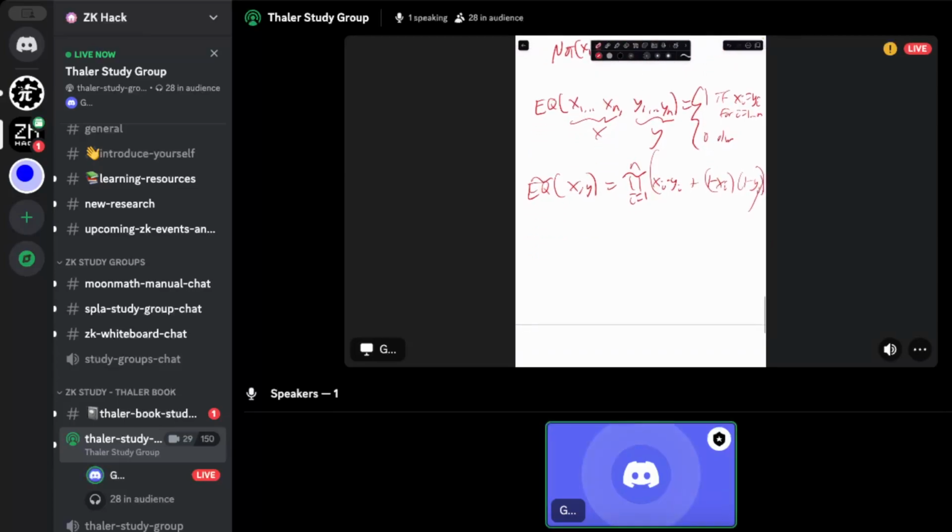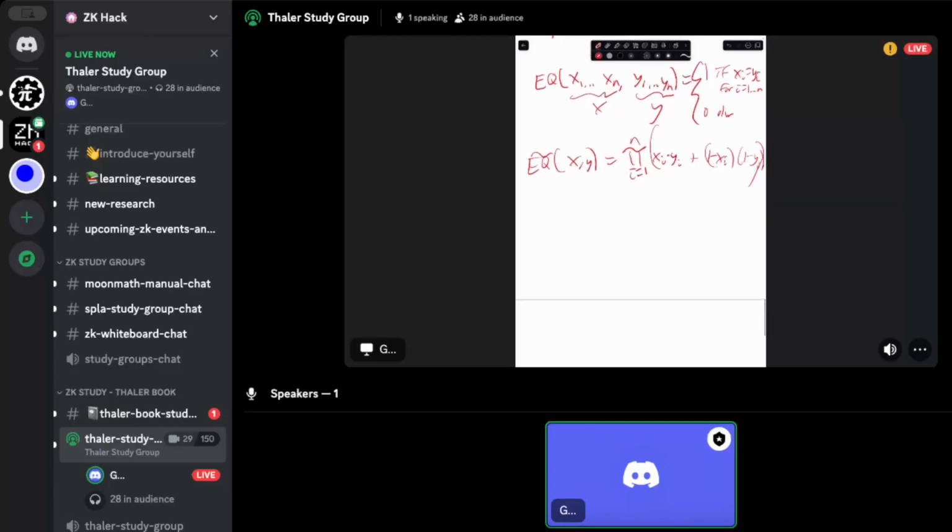And how do you confirm that? Well, first note that the right-hand side is multilinear, because each factor is multilinear. If you just fix i, x_i times y_i plus (1 minus x_i) times (1 minus y_i) has degree at most 1 in both x_i and y_i. And moreover, this is just equality applied to x_i and y_i.